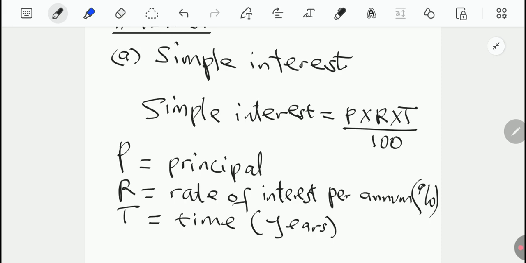If R is per month, then T must also be in months. If the rate is in days, then T also must be in days. All those things are very important to calculate what we call simple interest.